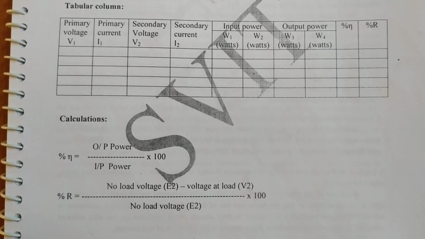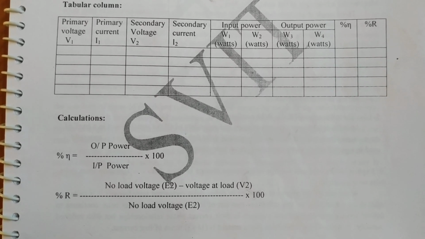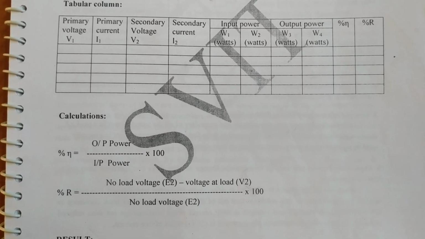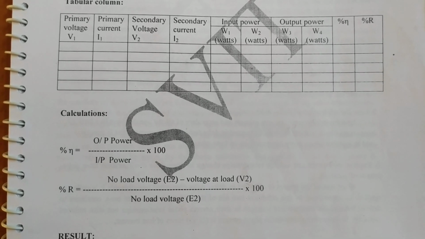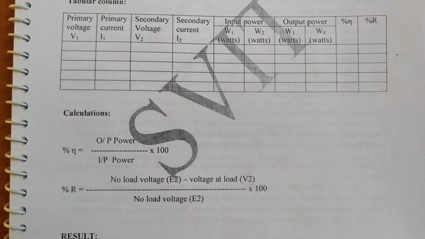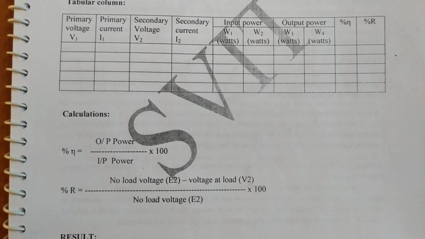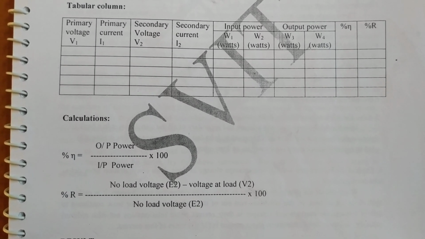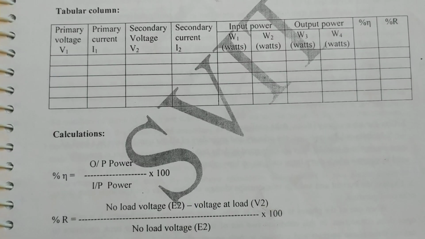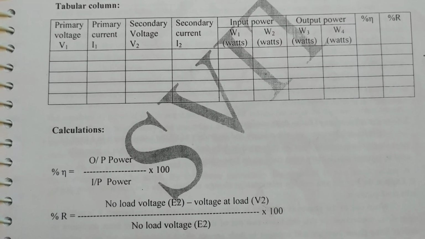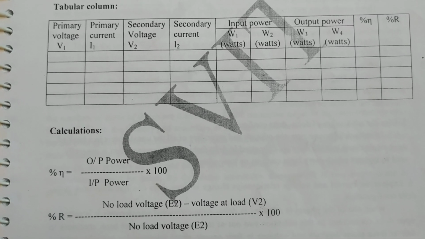So coming to the specimen calculation for one of the readings, we have W3 as 260, W4 as 190 and W1 as 240 and W2 as 400. In this particular case, we are getting 1800 divided by 1870. So this gives us an efficiency of 96.2%.